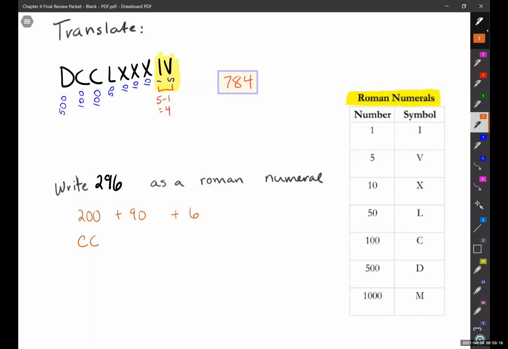I could write a 50 and then 4 tens, but even that's like 5 characters, right? So the fastest way, wouldn't it be to say take 10 away from 100 and only 2 characters? Now to show that, I need to make sure the 10 comes first. So 10 away from 100. And then 6. So CC, oh, did I write it right? Yeah, CCXCVI.